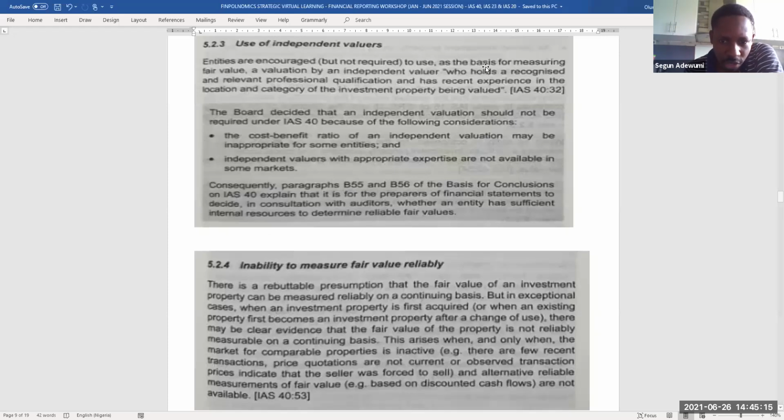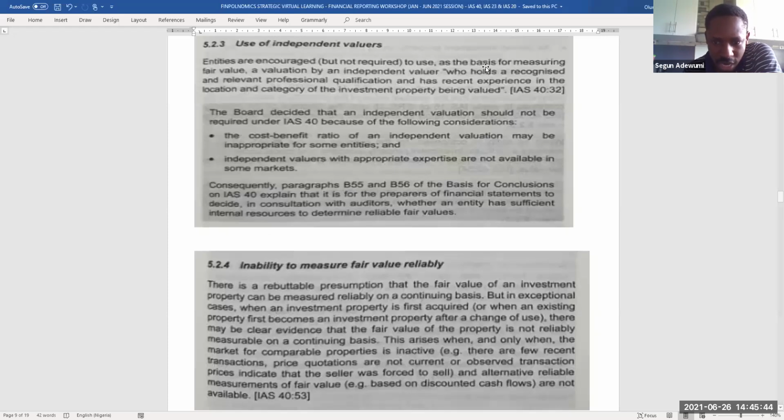Inability to measure fair value reliably. There is a rebuttable presumption that the fair value of an investment property can be measured reliably on a continuous basis. But in exceptional cases, when an investment property is first acquired or when an existing property first becomes an investment property after a change of use, there may be clear evidence that the fair value of the property is not reliably measurable on a continued basis.